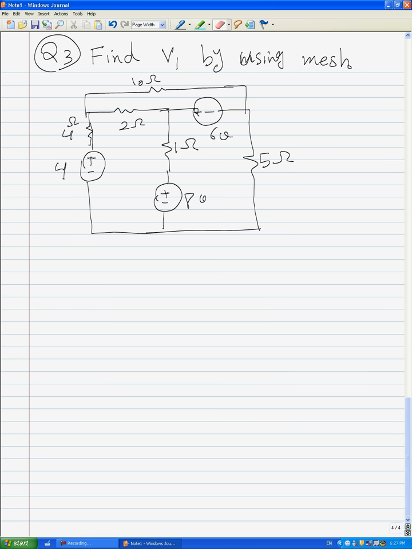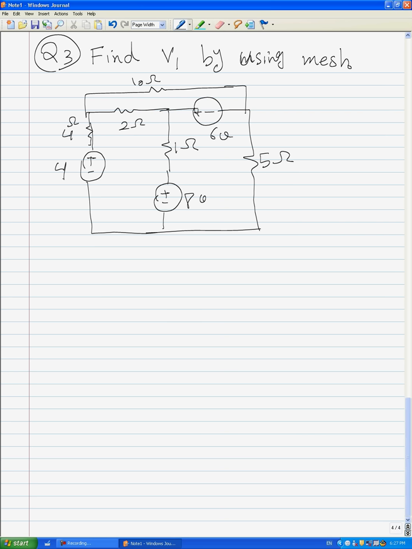The important key for this question is whether we need to define a super mesh or not. The answer is easy. Because we don't have any current source in this circuit, we don't need to consider a super mesh.